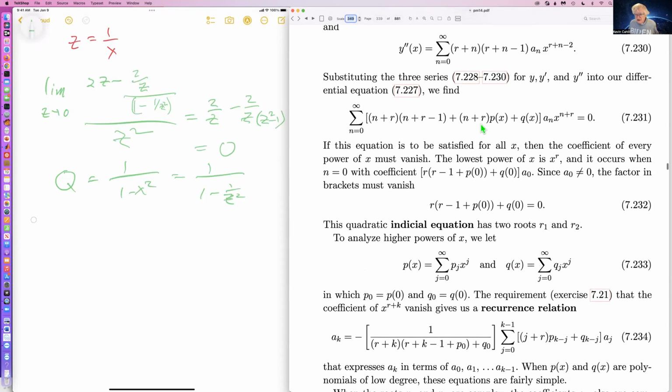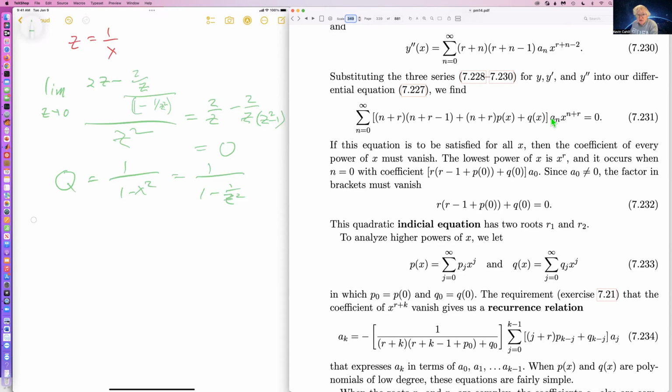But instead, let's review how to find the indicial equation. The indicial equation is that you set n equal to 0, and you require that this coefficient vanish for n equals 0. That's the equation r times (r minus 1) plus r times p of 0 plus q of 0 equals 0. That is a quadratic equation, and you get 2 roots. Then to get the recursion relation, you have to set p equal to a power series, and q equal to a power series in general.